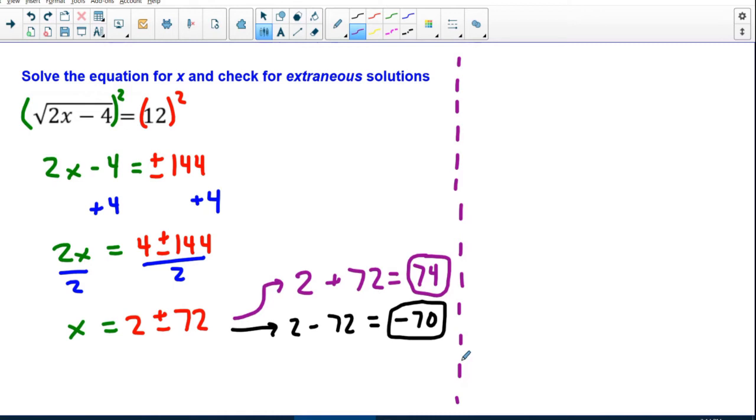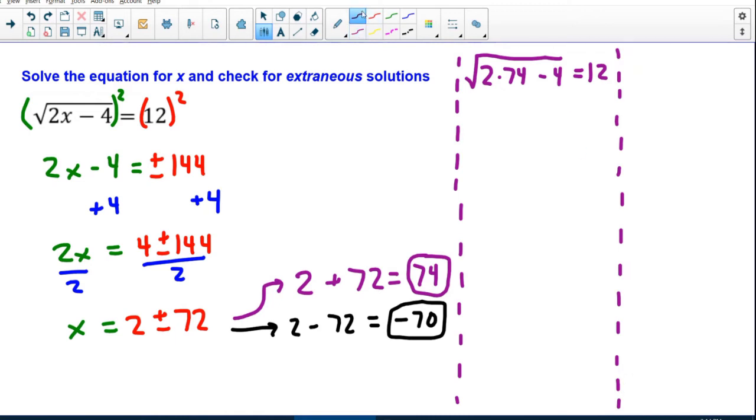So first of all, let's plug back in 74. And I'm just going to plug this back into the original equation. This was radical 2 times 74 instead of x, and then minus 4. And the other answer that I'm going to check is the negative 70.